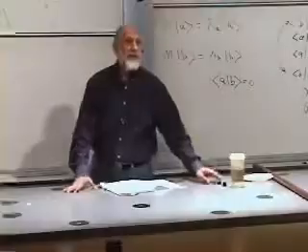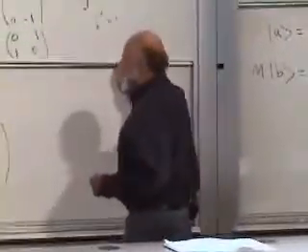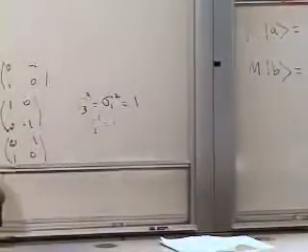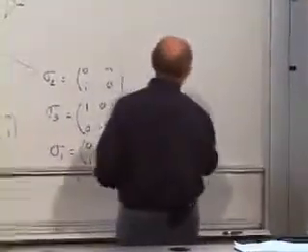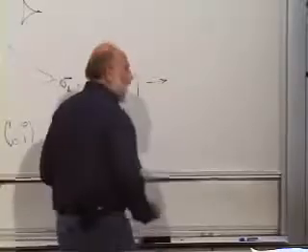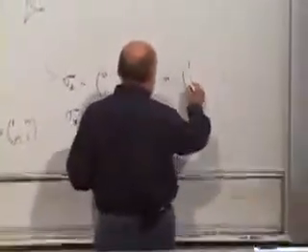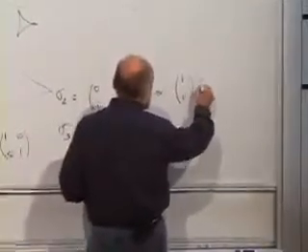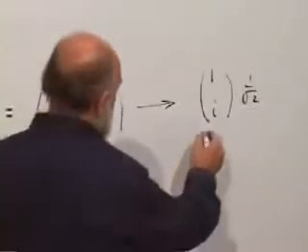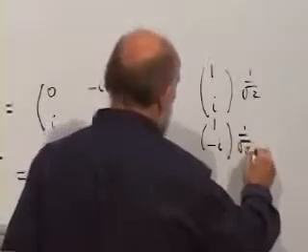The eigenvectors of sigma 2 are, so that you can check them yourself, 1, i, with a 1 over square root of 2 in front of it to normalize it, and the other one is 1, minus i, with 1 over square root of 2.